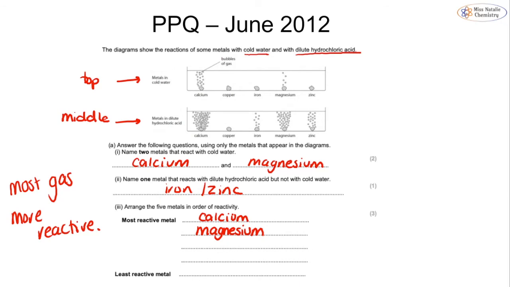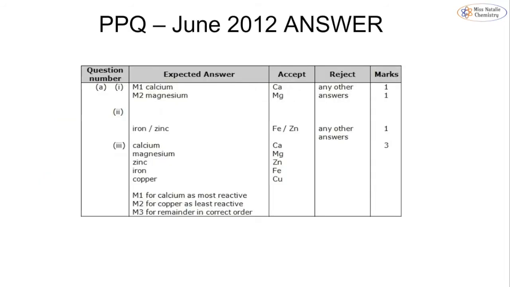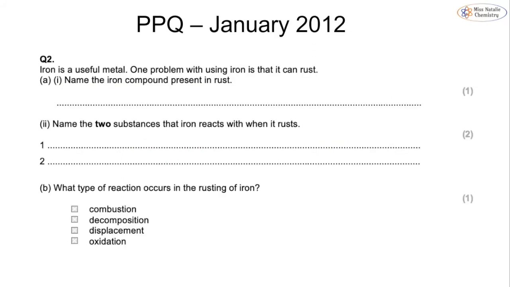We've had calcium and magnesium, so now we look at the 3 that are left, and the next in line is zinc, followed by iron, and then lastly copper, because the copper doesn't actually react at all and it gives off no hydrogen. So there's the mark scheme for those questions, and you can see that we've managed to get them in the correct order.